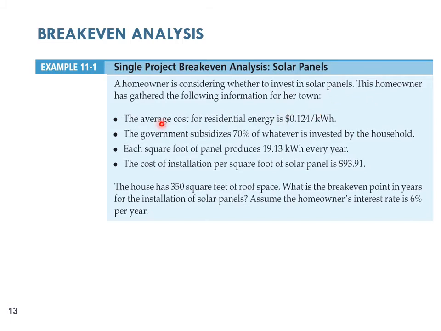And there are several pieces of information related to this. It's said that the cost of electricity is this much per kilowatt hour. When you install solar panels, the government subsidizes 70%.